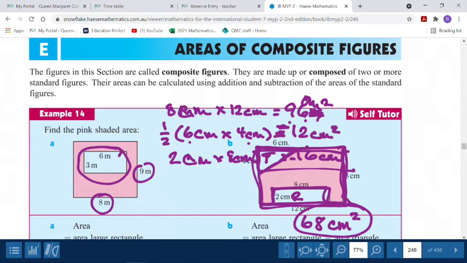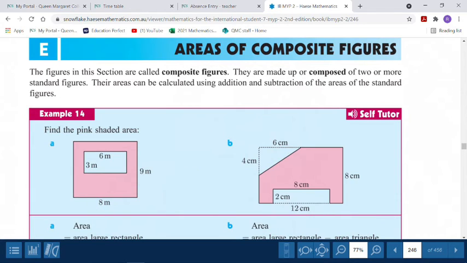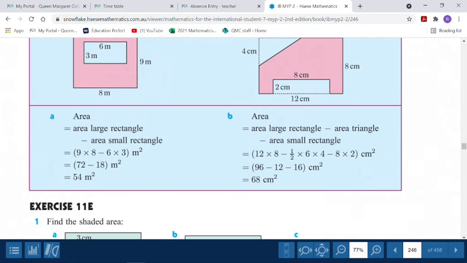Okay? Make it as simple as possible. If you can turn it into a rectangle, that's easy. If you can turn it into 3 triangles, a rectangle, and a square, right? So try to make it as easy on yourself as you can. Okay? All right. Let's look at some more and see what we got.